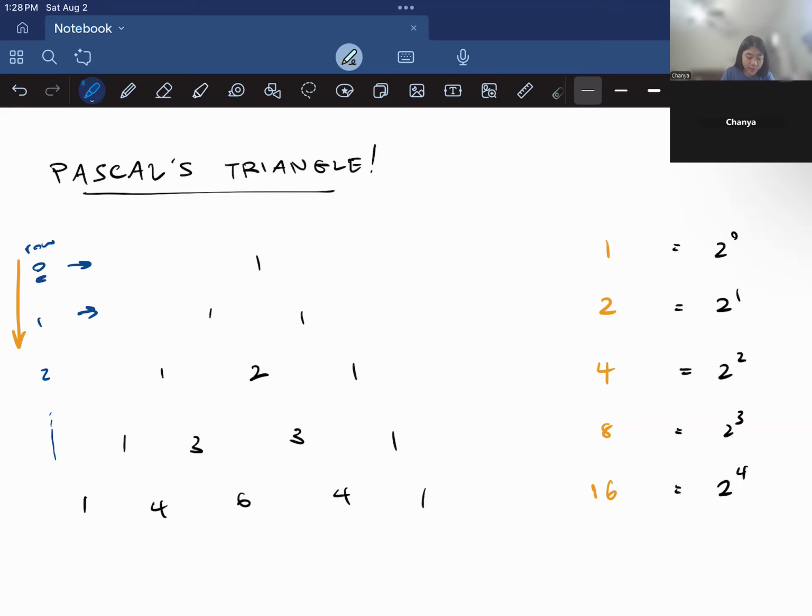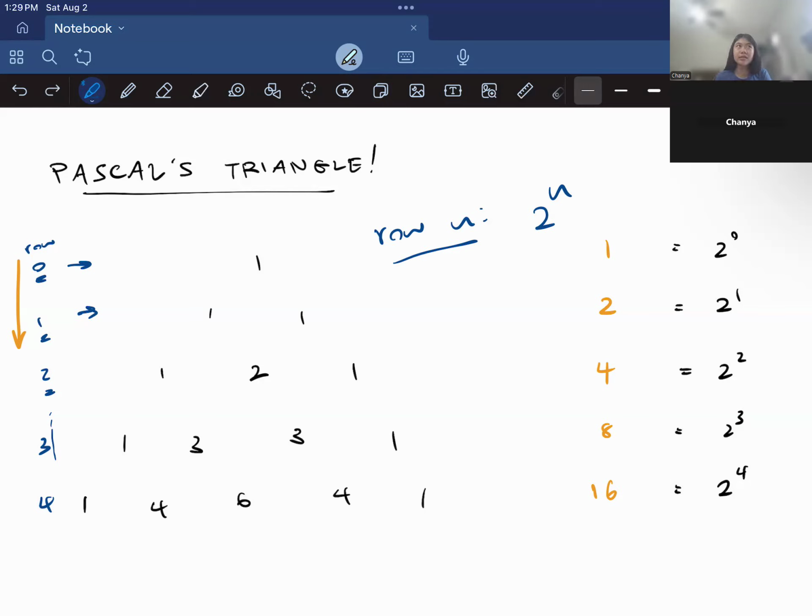This is row 0, 1, 2, 3, and 4, right? So as you can see, we saw a pattern here. So the sum of the numbers in row n, this formula is going to be 2 to the n, where n starts from 0 at the first row here.